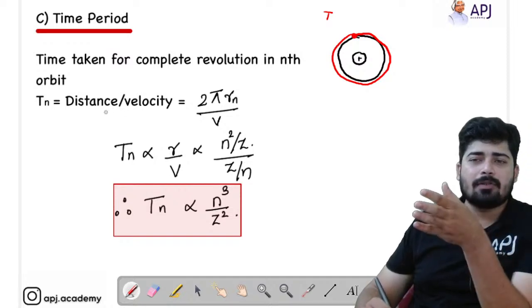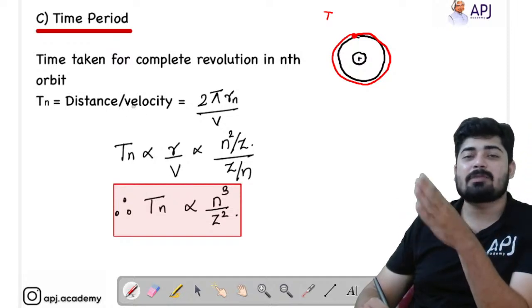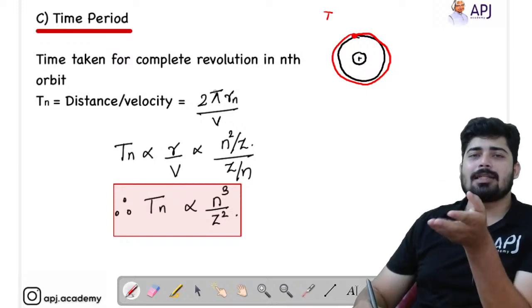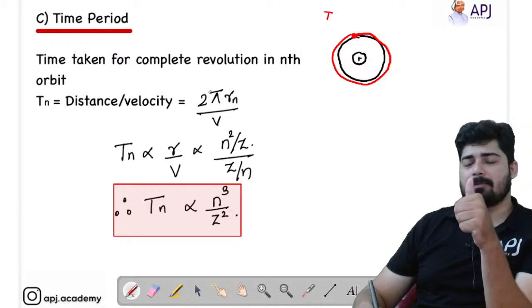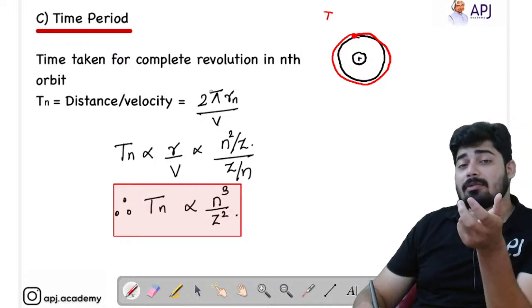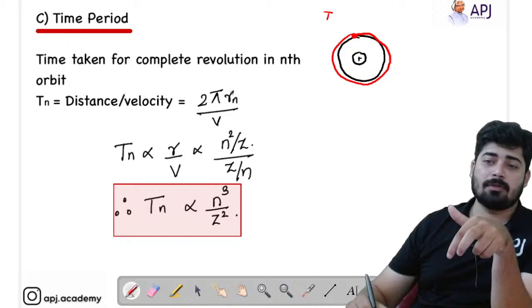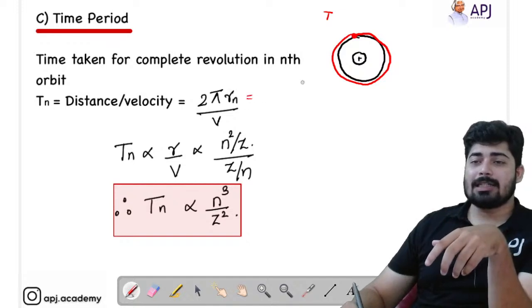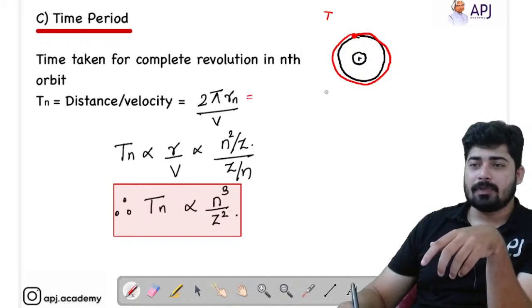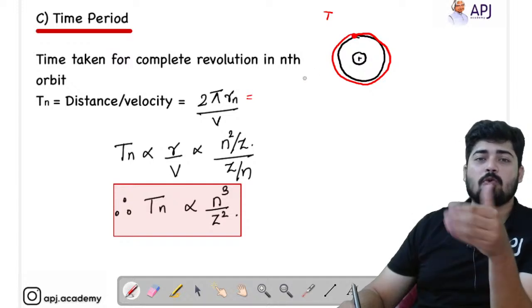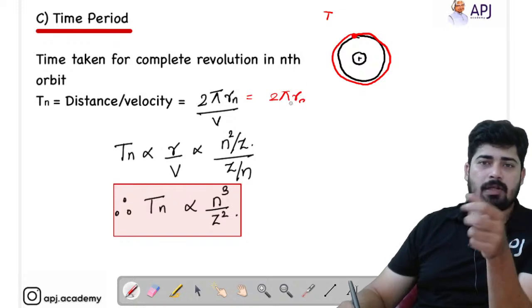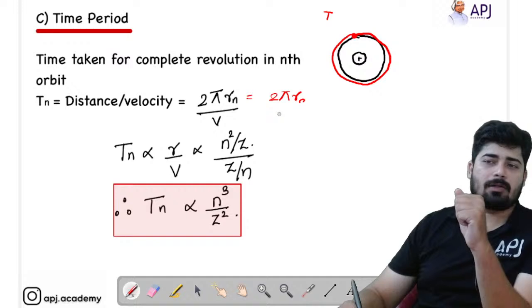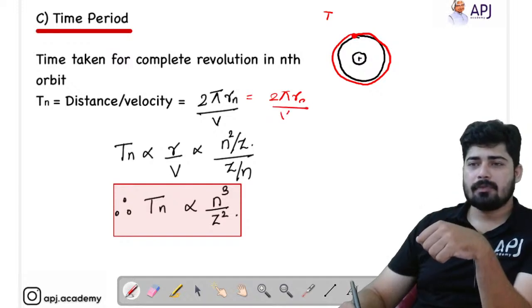So we can find the time period by distance by velocity. We know that speed equals distance by time, so time is equal to distance by speed. Distance here is the circumference, and we know the circumference of a circle is 2 pi r, where r is the radius of the orbit you are calculating, divided by velocity.